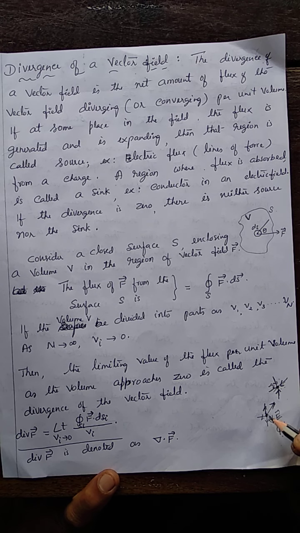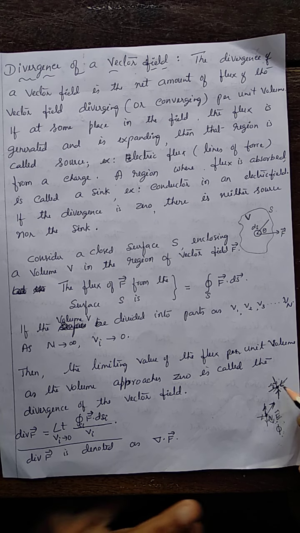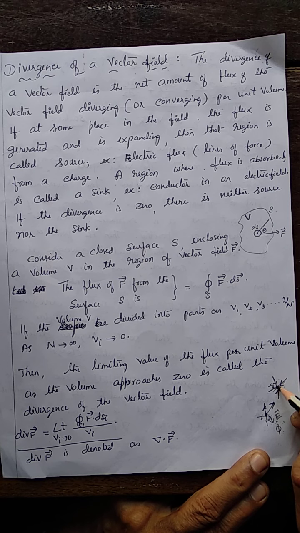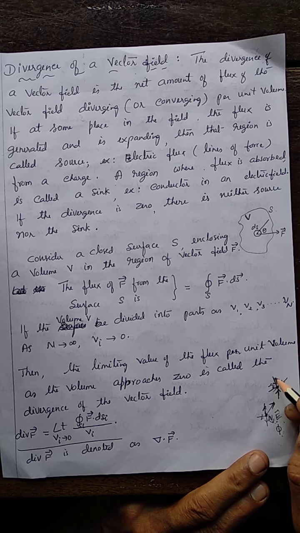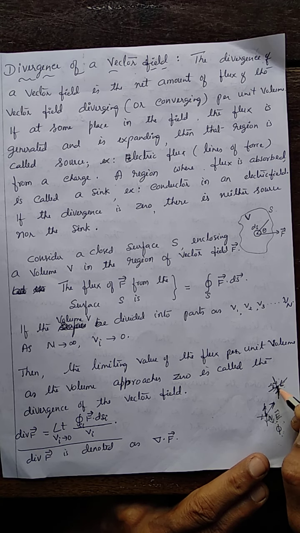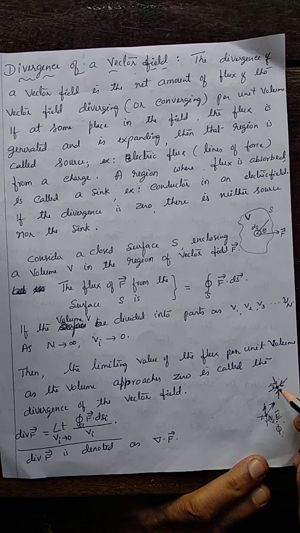So the vector field may be diverging or it may be converging. When the vector field converges at a point, that point is called a sink. Here it is a source.